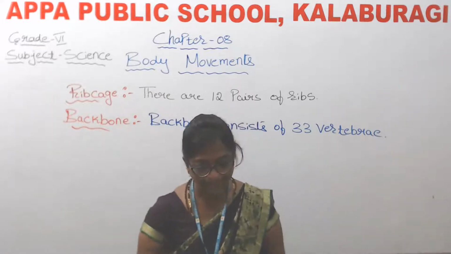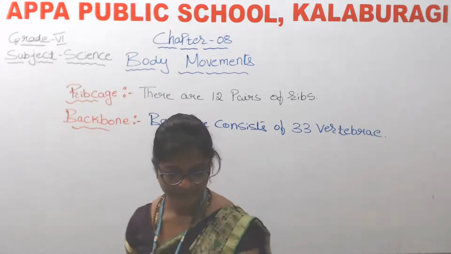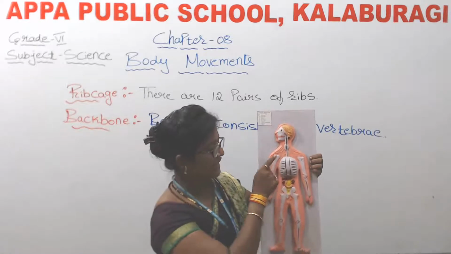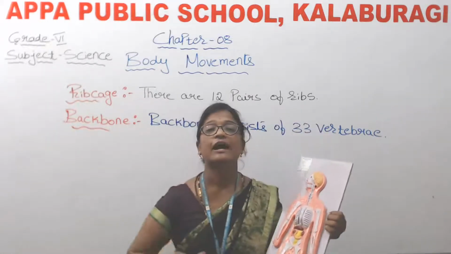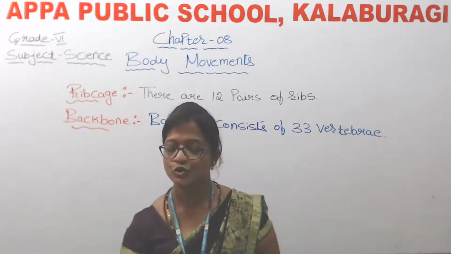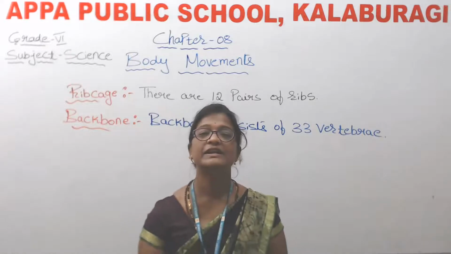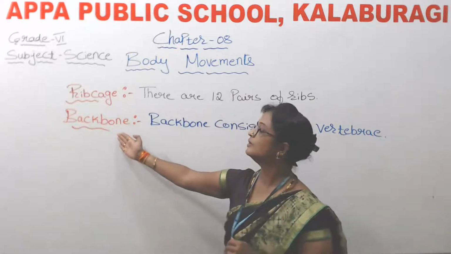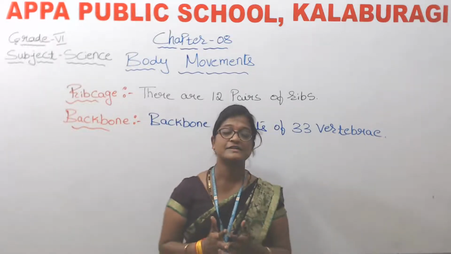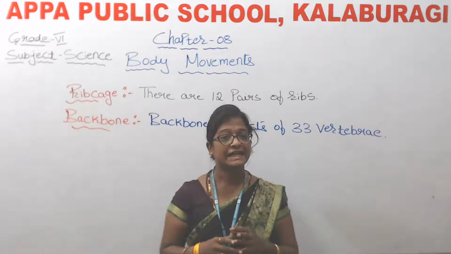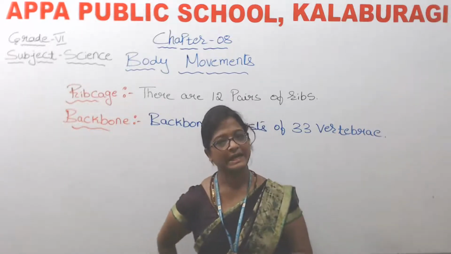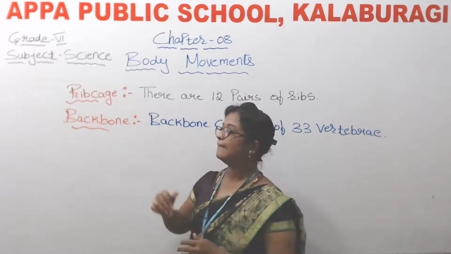See here, the shoulder bone, rib cage, and even the hip bone are all attached to the backbone, isn't it? So the backbone consists of how many vertebrae? 33. The backbone runs from the neck to the hip. So this is all about the backbone.